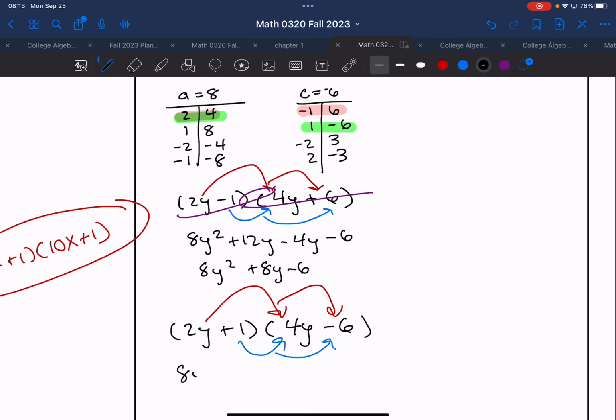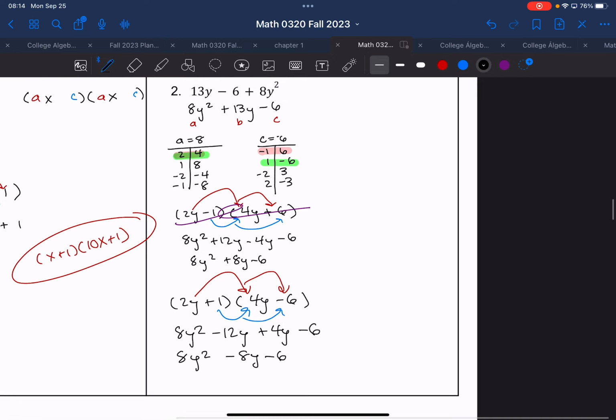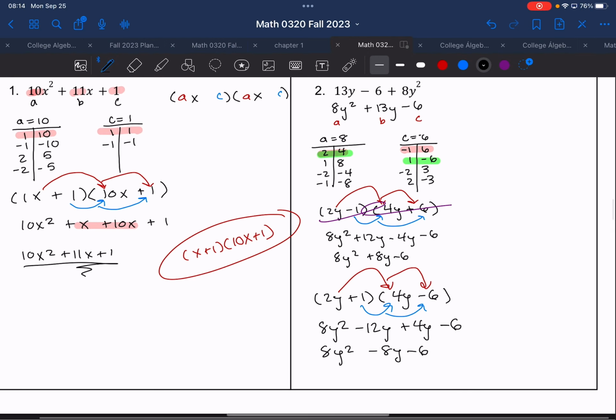So we have 8y squared minus 12y plus 4y minus 6. And that's us doing the FOIL method. Combining those middle terms, we have 8y squared minus 8y minus 6. So what's the only thing that happened between our first guess and our second guess?